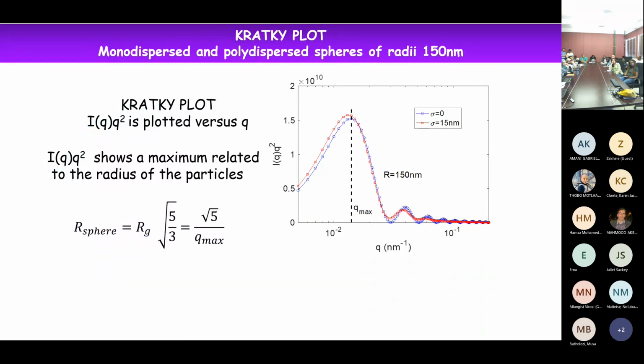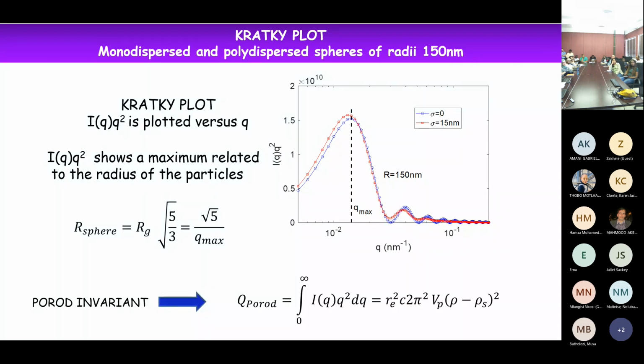Same story with the 150 nanometer particles: if you plot I(q) times q squared as a function of q, it goes to a maximum. The position of the maximum is related to the radius of the particle, so it's a very smart way of measuring directly the radius of the particle. You will also get something very interesting: the total integrated intensity below this curve is a constant.